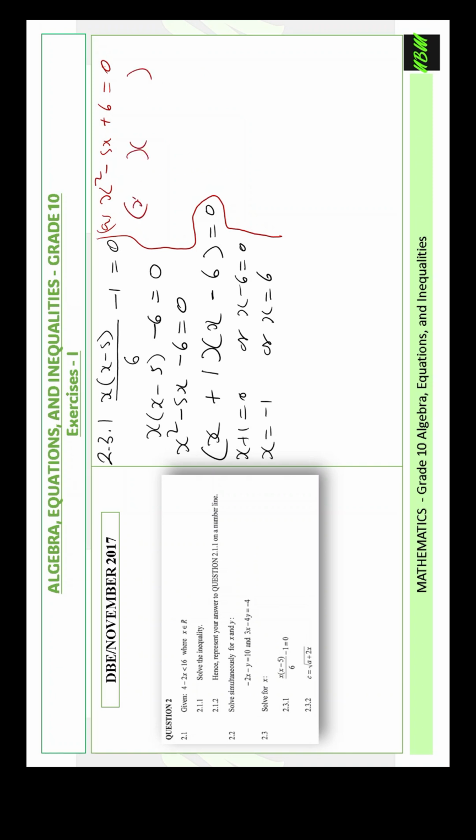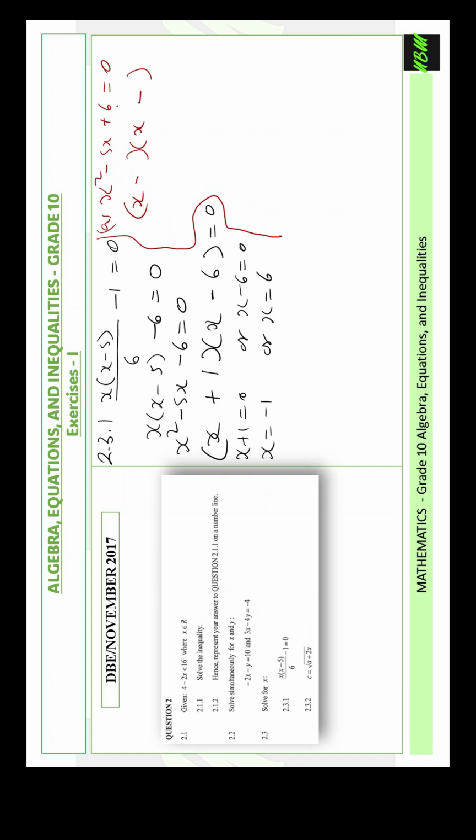So what will be the factors? Here we'll have x, x, but now you see the sign on the last term is positive. It means inside the brackets we are going to have the same sign. But which sign? The sign of the middle number, which is negative. Therefore, negative.